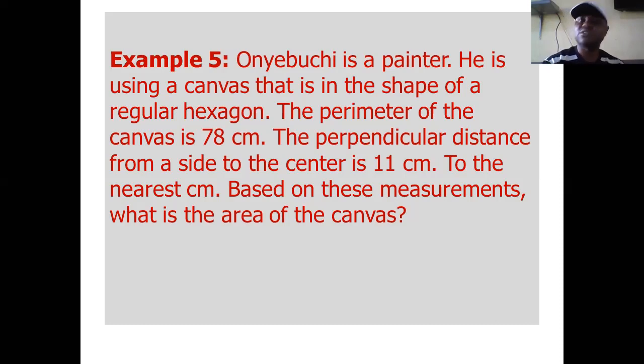Correct. 78 divided by 6, and then you get the length of a side to be 13 centimeters. Take note that the perpendicular distance from a side to the center is 11 centimeters. So come with me, let's see how we solve this question together.